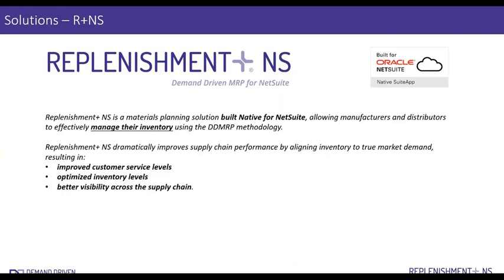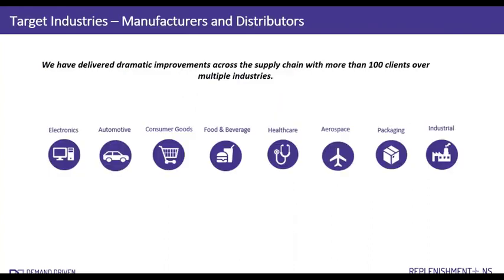So with this solution, we're able to dramatically improve supply chain performance by aligning inventory to true market demand. And what this results in is improved service levels, optimized inventory levels, and better visibility across the supply chain. So we've delivered dramatic improvements to over 100 clients with our different solutions on the market.